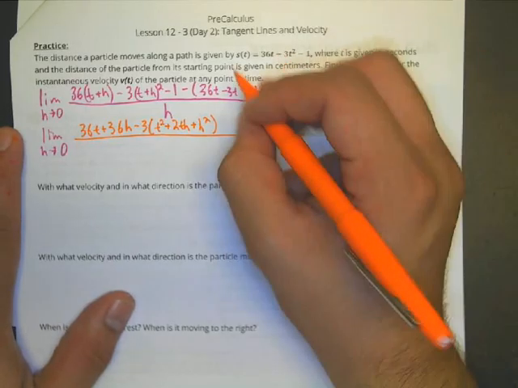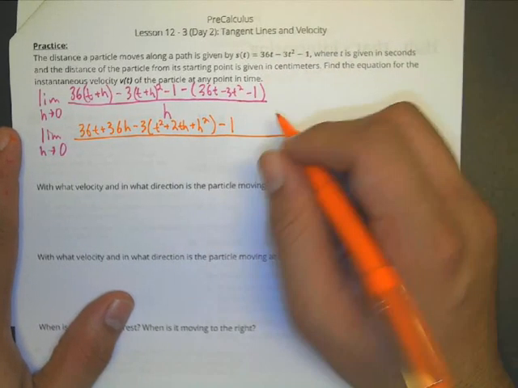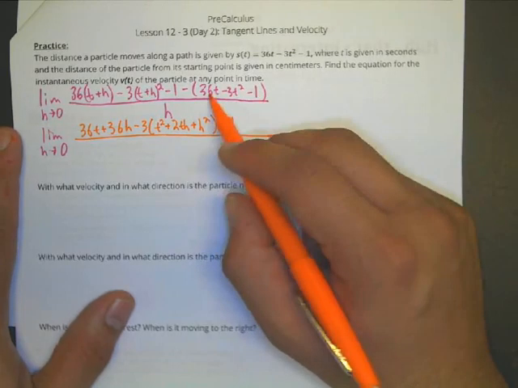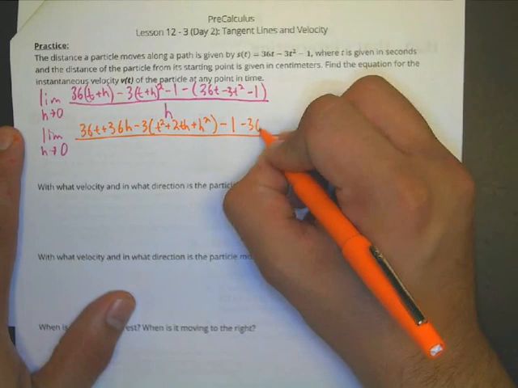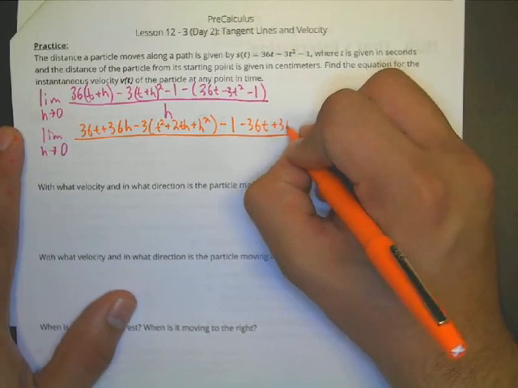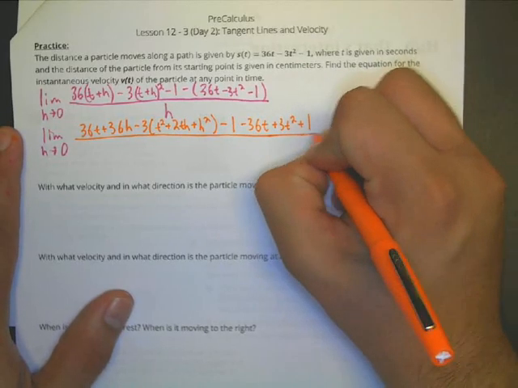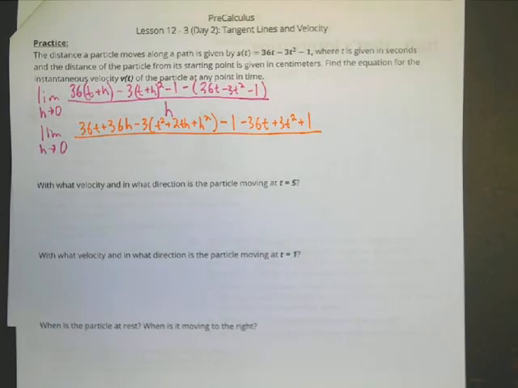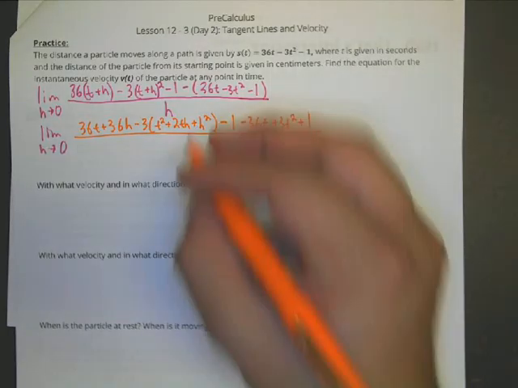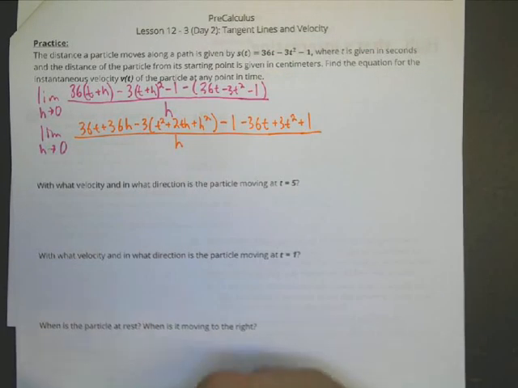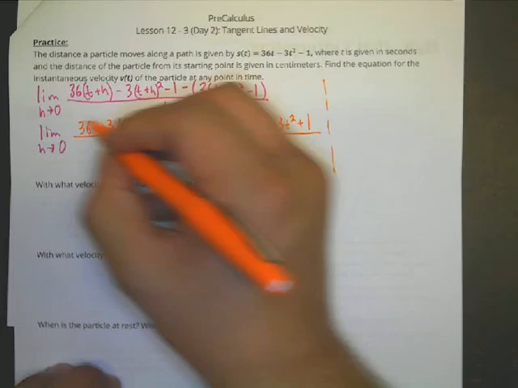So I got to do the pesky box every time. All right, minus 1. What do you think I should do with this negative? Yeah, let's distribute it. Okay. Now what? Yep, need the h. Always need the h. Okay, let me separate this a little bit.